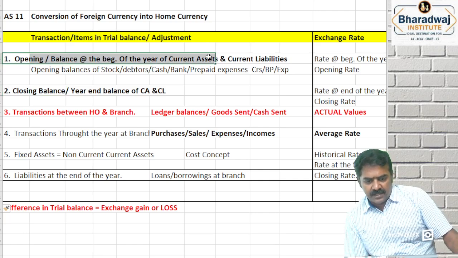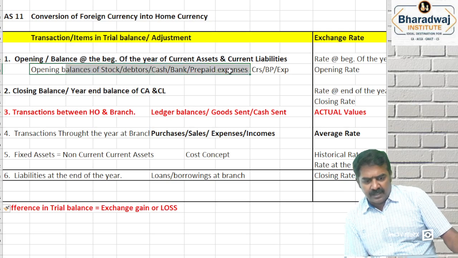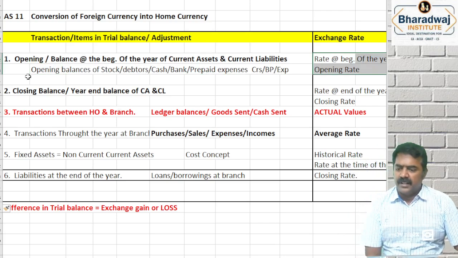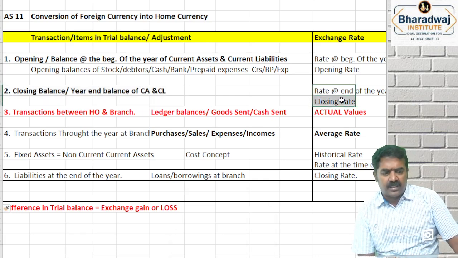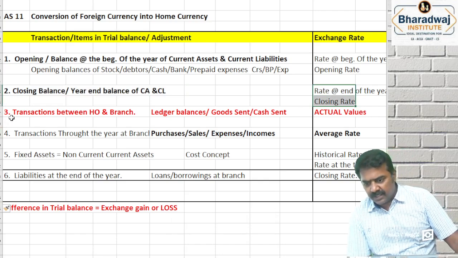Opening balances of current assets and current liabilities, like opening stock, debtors, bank, prepaid expenses, creditors and so on, we will convert using the opening rate. Closing balances of current assets and current liabilities, we convert using the closing rate.